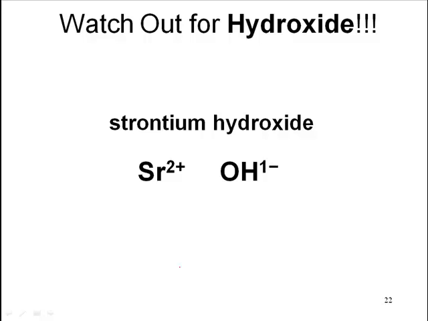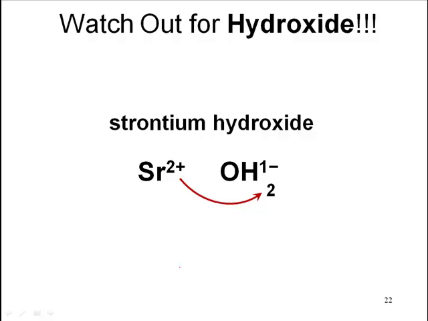Reasoning why? Because it's non-negative. That's the best way to explain it. H is sometimes written in the front when it's usually an acid, and we'll talk more about that. But when it's OH here, it is not an acid.